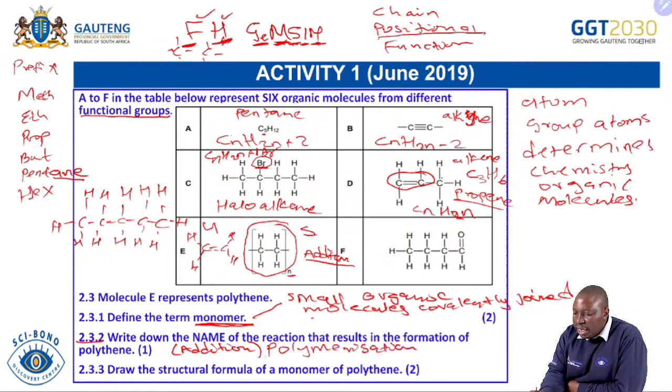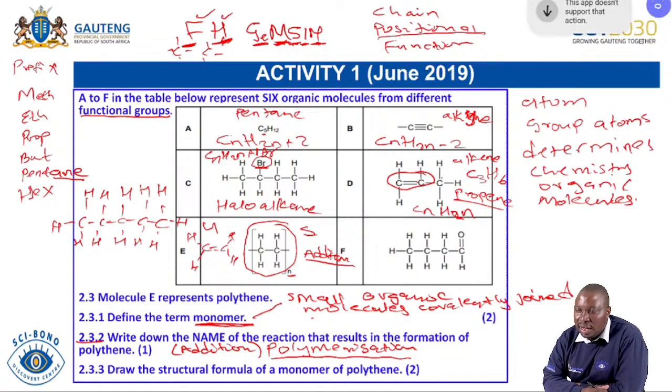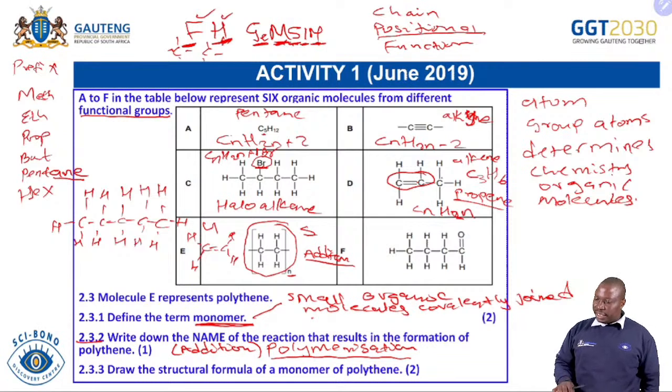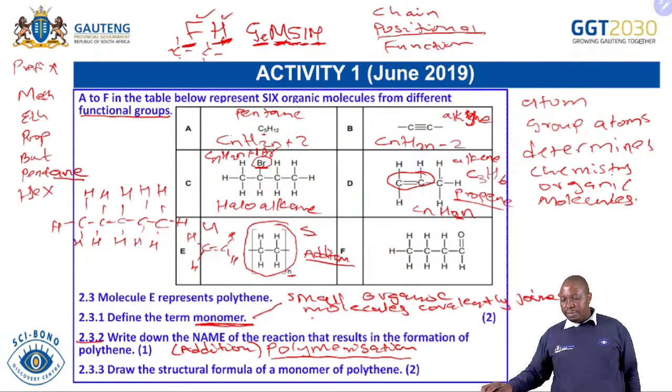So if you mention addition without polymerization, you won't get it correct. But if you mention polymerization without addition, you will get the answer correct. I hope I clarified that, so that when you are writing what type of reaction, you will say polymerization, or you will be specific and say addition polymerization.